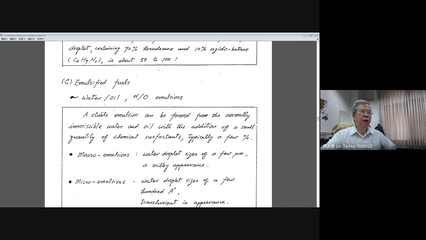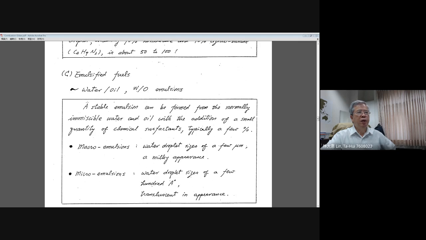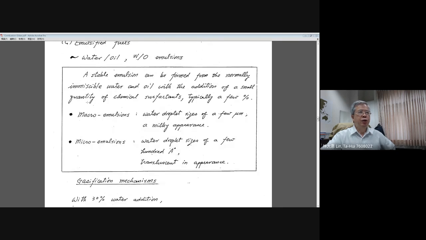When you use water mixed with oil, we usually say W/O emulsions. W means water, O represents different kinds of oil. But this kind of mixing between the water and the liquid fuel depends on how much energy you supply into the mixing process.